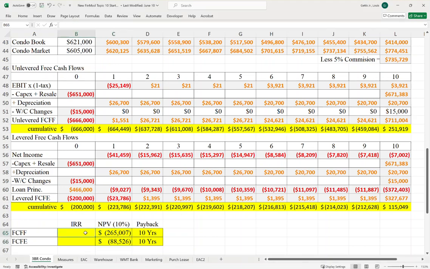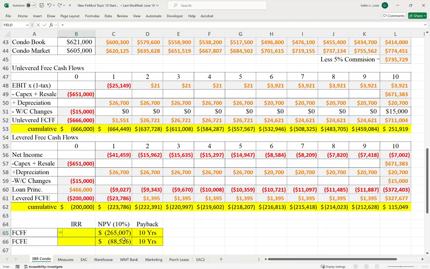Now the decision rule, or the investment rule for NPV, was you'd accept any project with a positive NPV. But you can see here that both of them have a negative NPV. So if indeed your discount rate is 10%, this is saying reject, do not purchase the condo.